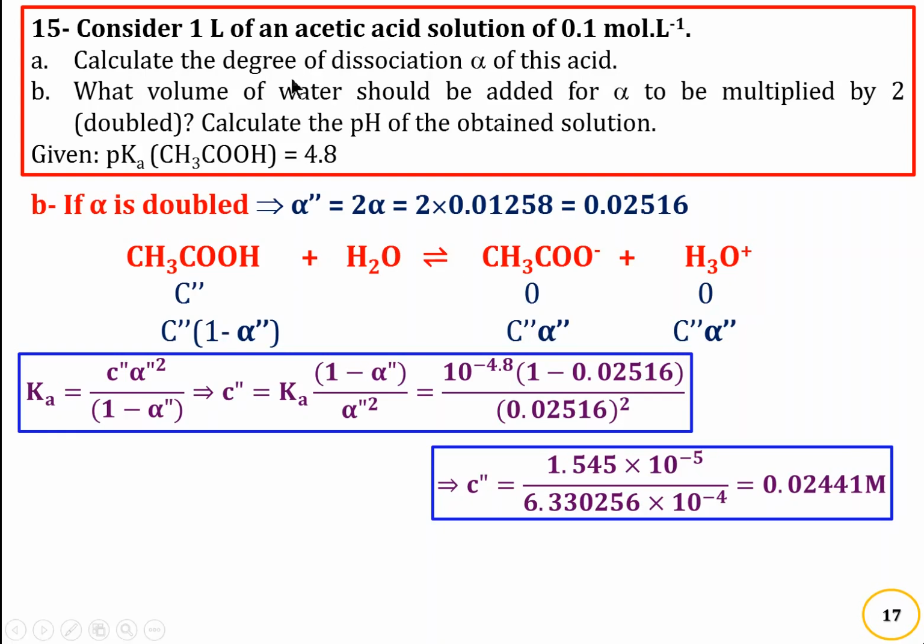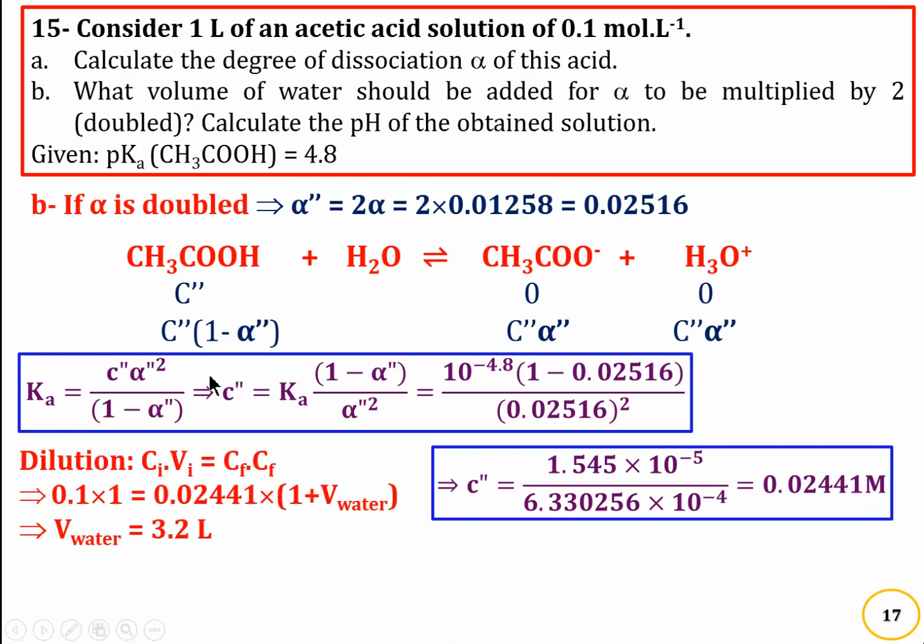To note, the initial concentration was equal to 0.1. We add a certain volume of water, so the final concentration, C second, is 0.02441, so the concentration decreases, and this is a dilution. The question is to calculate the volume of the water added. The dilution law: C initial V initial equals C final V final.